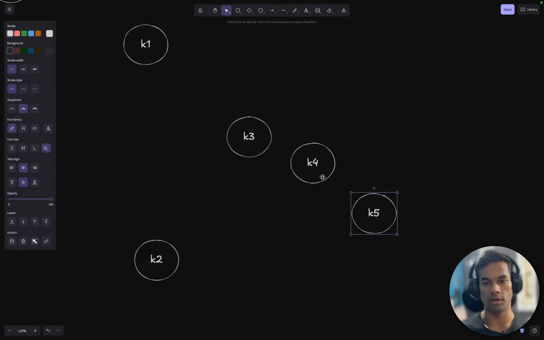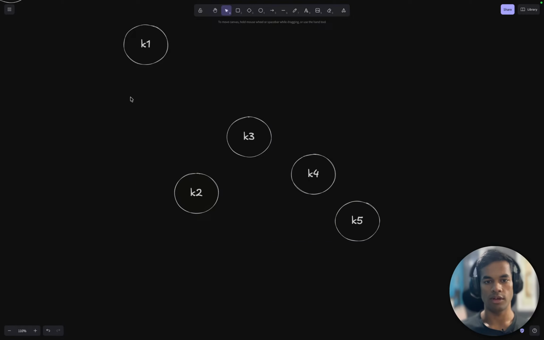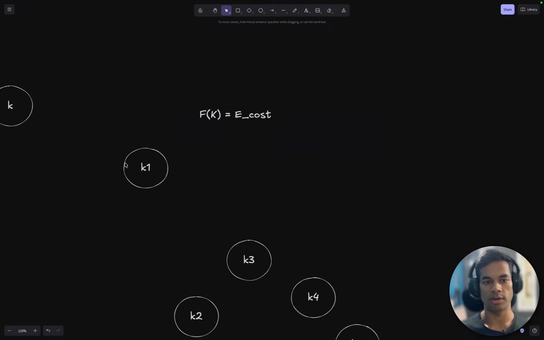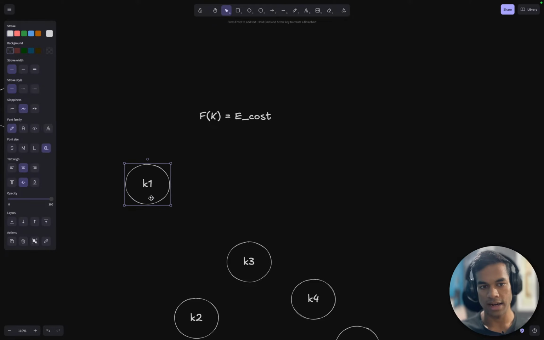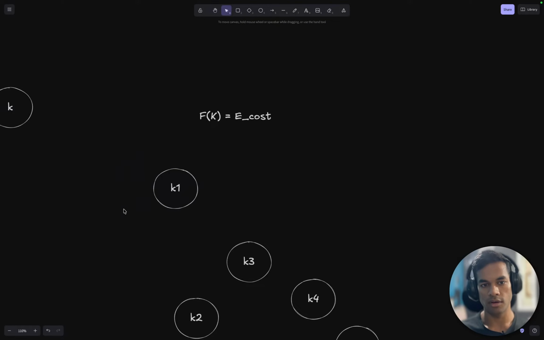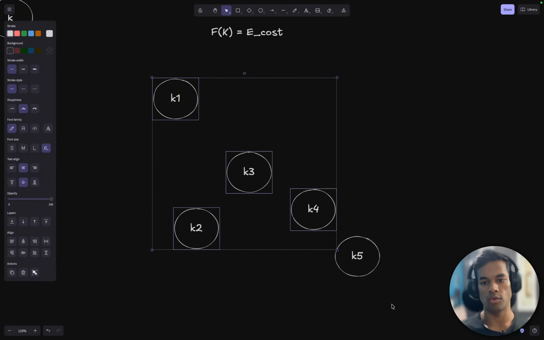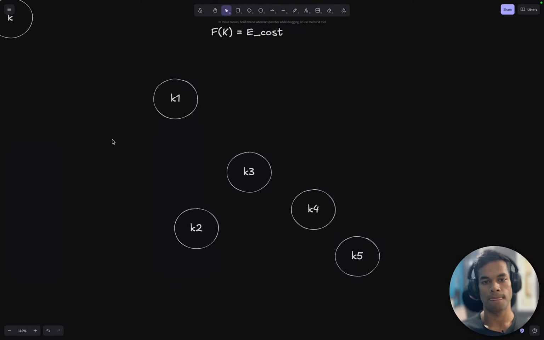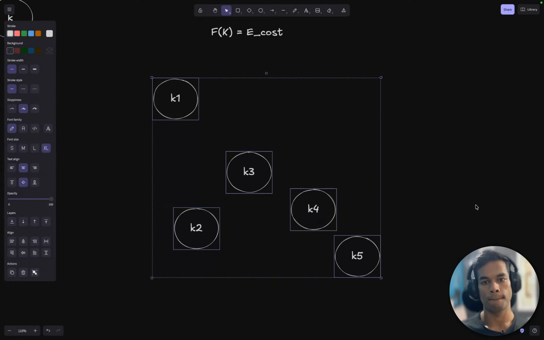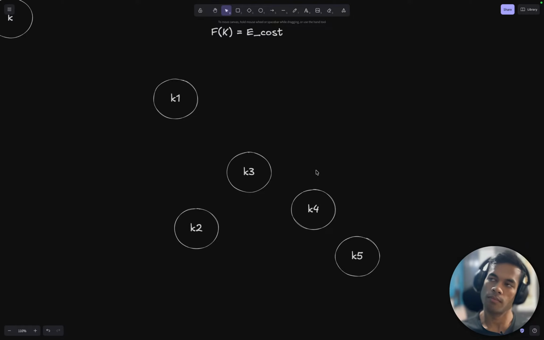But then how do we add this node's value to the expected value function so that we get the expected value for the whole thing? Okay, that is easy.